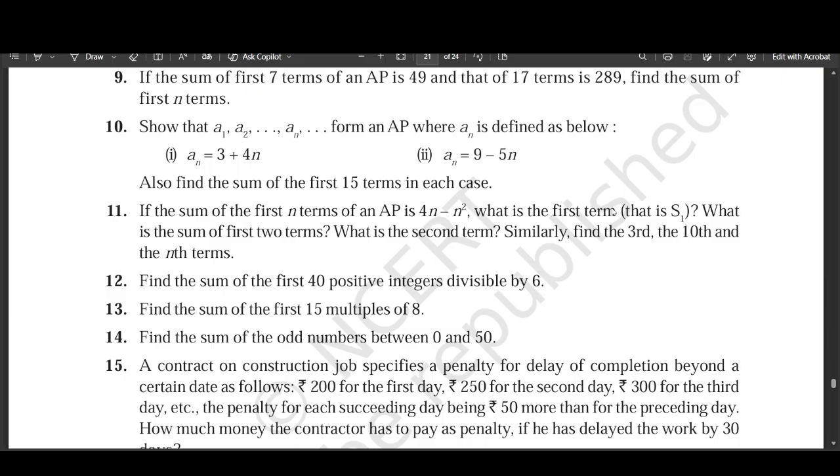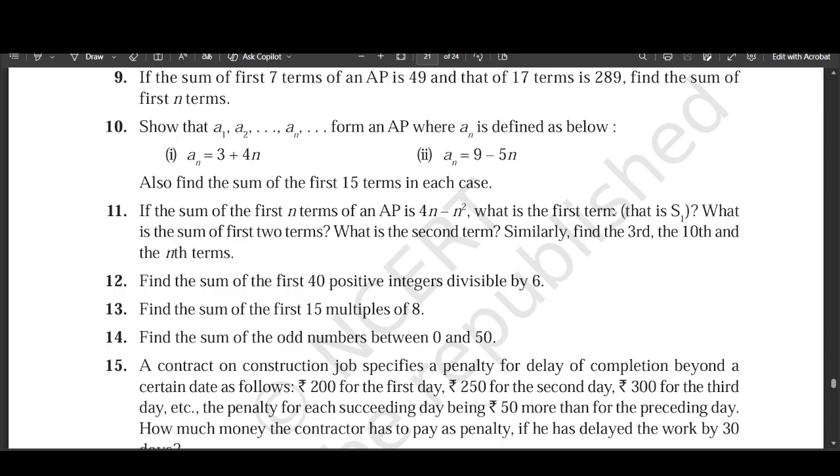So this is equal to 4n minus n square minus 4n plus 4 plus n square minus 2n plus 1. So An is equal to 5 minus 2n.